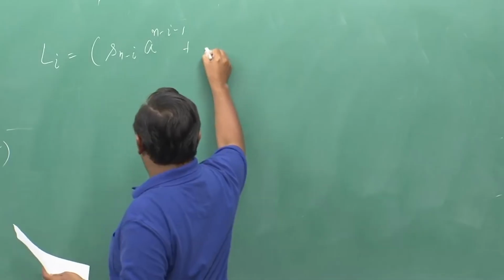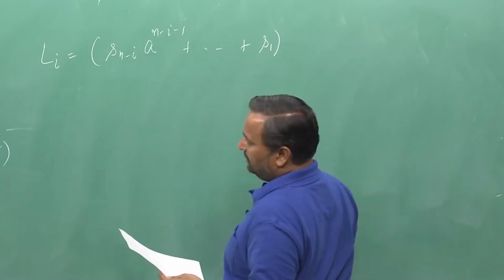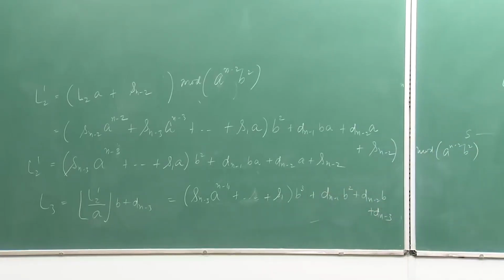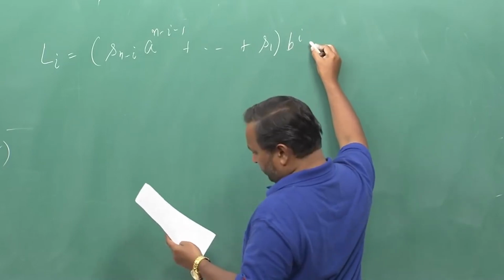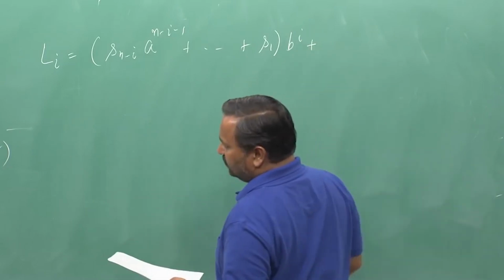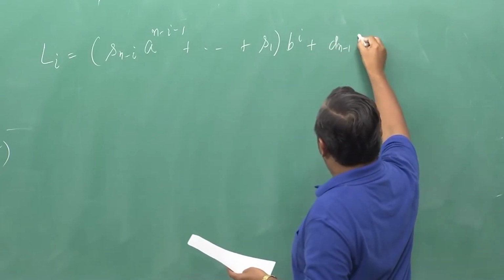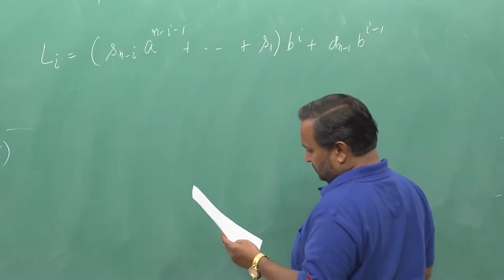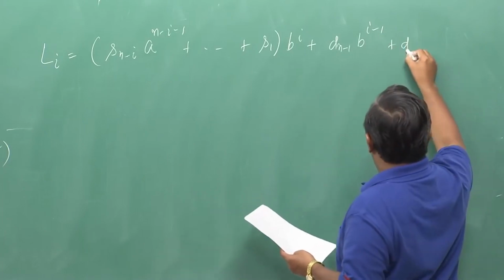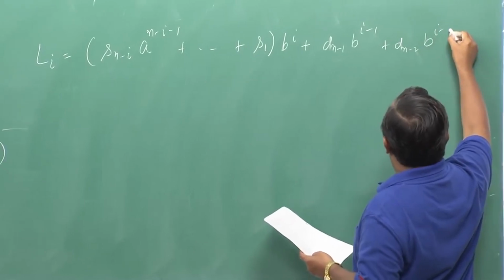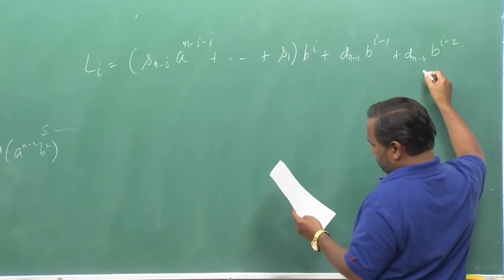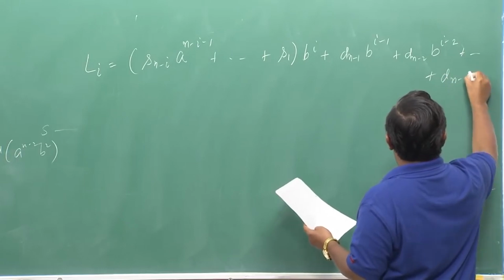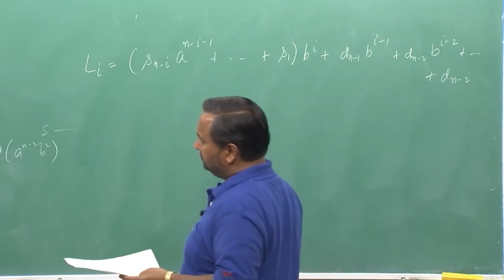So from there itself you can derive it, the last term will be S1, since it is 3 it has to be b raised power I here, plus you will be having dn minus 1 b to the I minus 1, plus d of n minus 2 b to the I minus 2, and so on till the last term, which will be d of n minus I. Okay.